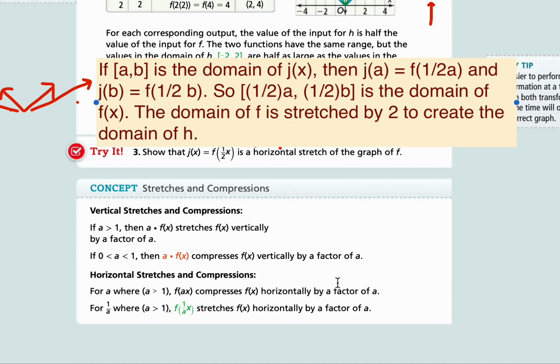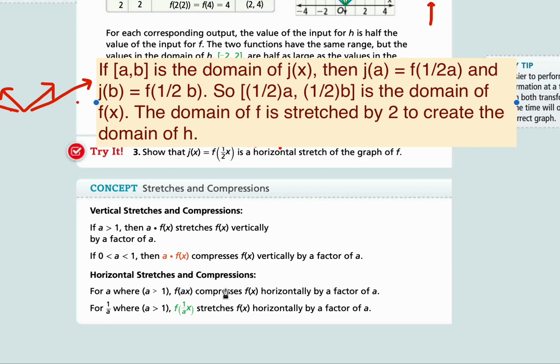All right, so looking at the concept, stretches and compressions are multiplying by a factor of a. So vertical stretches and compressions, when a is greater than 1, then it's a stretch. When a is less than 1 but greater than 0, it's a compression. So we don't have negative numbers for vertical stretches and compressions or horizontal stretches and compressions.